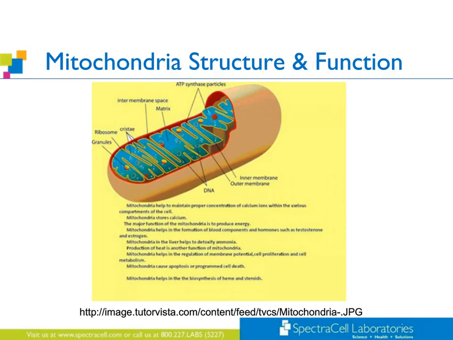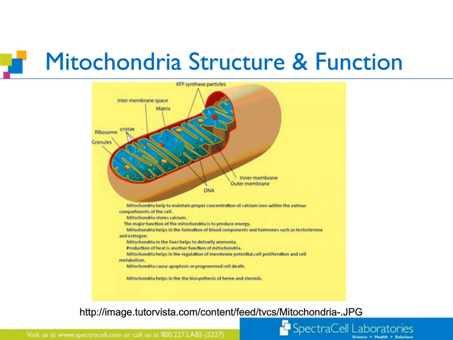This next slide that we're going to look at more closely is the mitochondrial structure and function. And as you can see, it looks like a brown elongated hot dog almost, but when you open up that outer membrane and you look inside, you can see the cristae, the teal blue cristae, and the inner membrane structures.